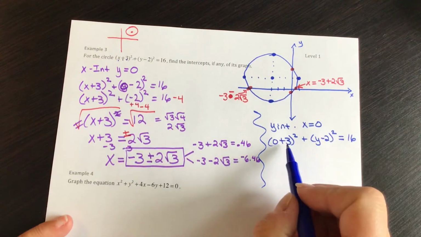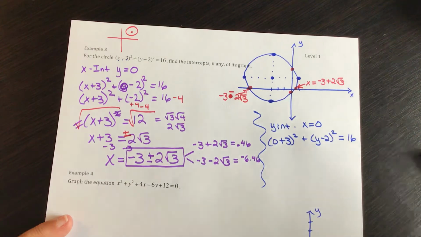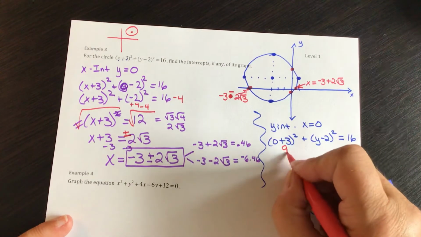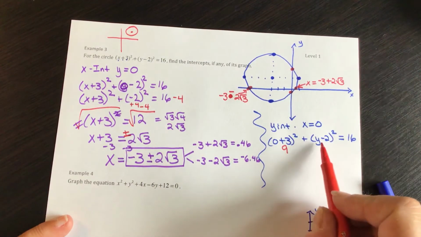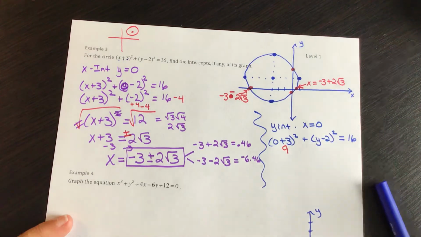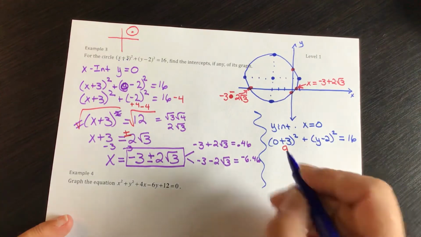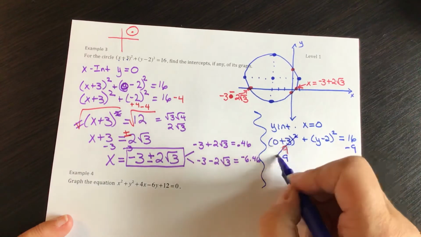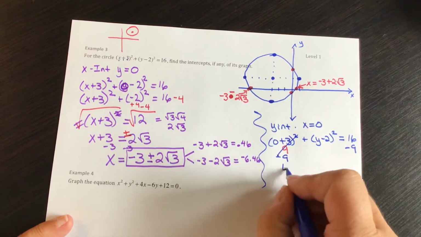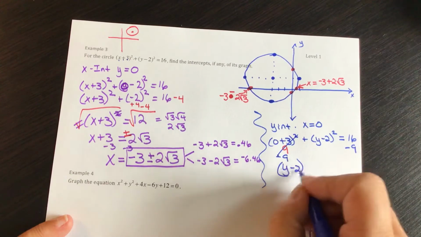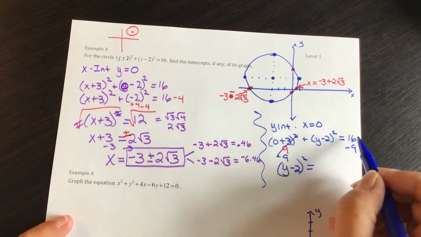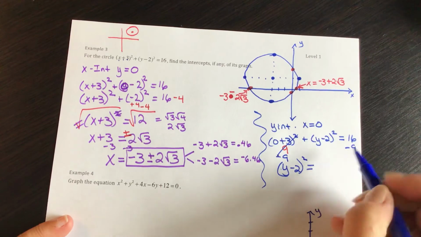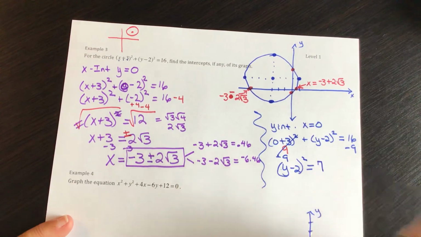So 0 plus 3 squared, 0 plus 3 is 3, and 3 squared is 9. So this is 9 plus y minus 2 squared equals 16. I can subtract 9 on both sides, and this will go away. And I have y minus 2 squared equals 16 minus 9, which is 7.